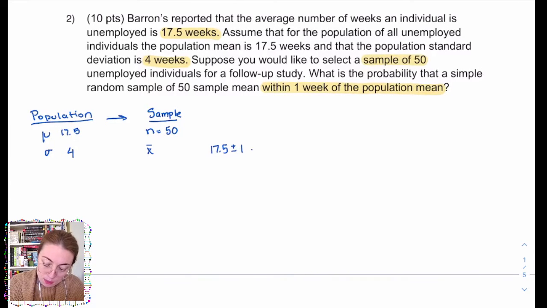So what is that specifically? Well, that's 16.5 to 18.5. So from now, maybe we can start to see a little bit of a roadmap of what's going to happen here. What we're going to find out using a z-score eventually is the probability between those two values.